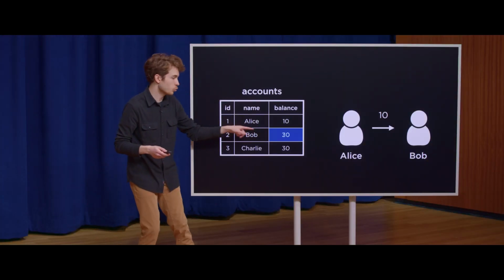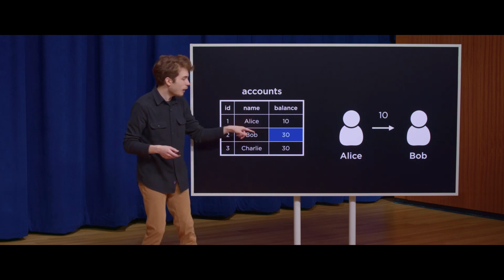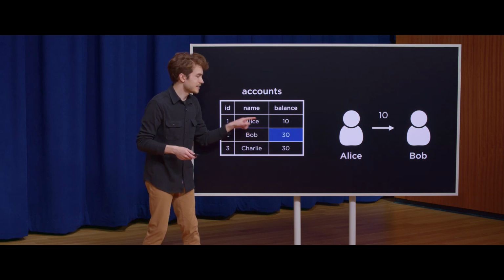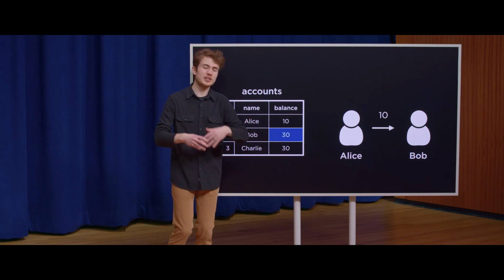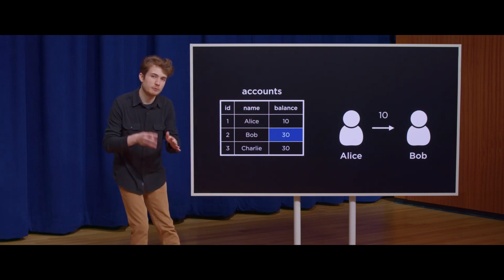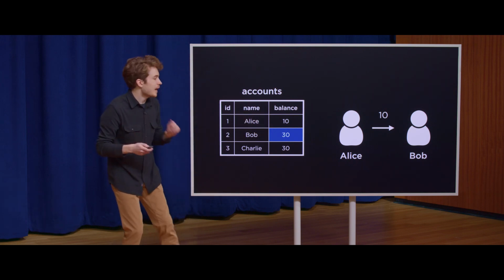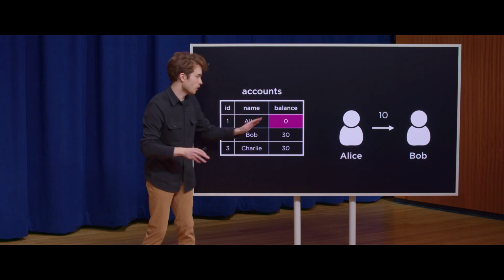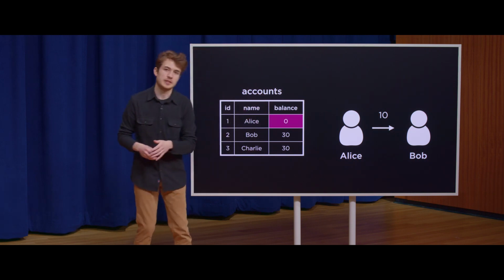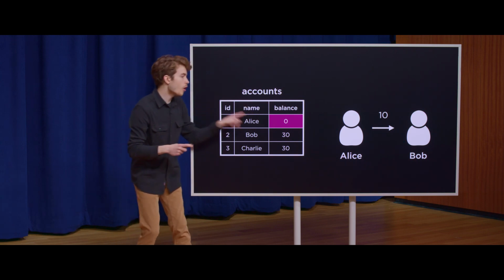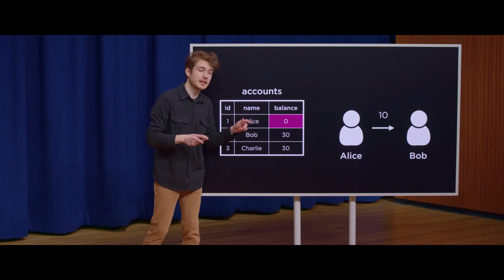He's gone from 20 here to 30, but now I have not just, let's see, $60 in the bank, I now have 70. So somebody who looks at this in this moment will see some incorrect information. What I should then do is update Alice's balance, subtracting 10, so we're at the right amount of dollars across our bank accounts here.